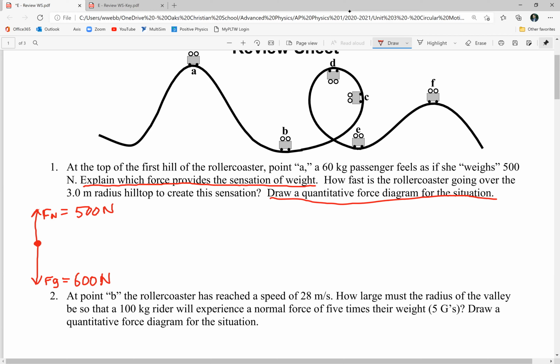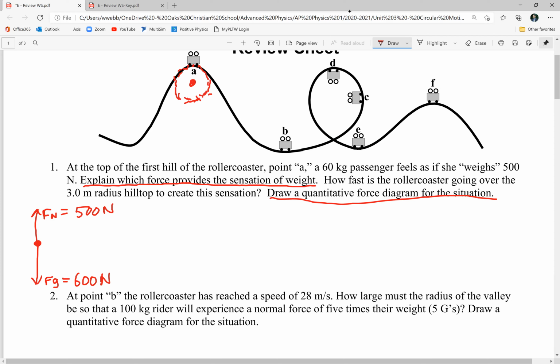Now we just need to figure out how fast the roller coaster is going over this 3-meter radius hilltop. When they say the 3-meter radius, we could draw our kissing circle, not a very good circle here, but hopefully you get the idea.